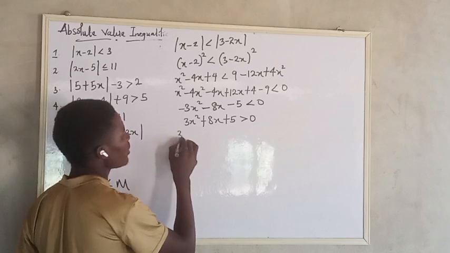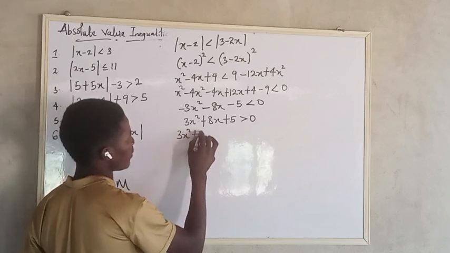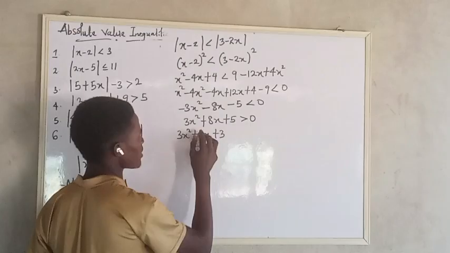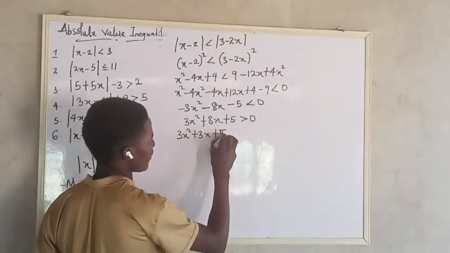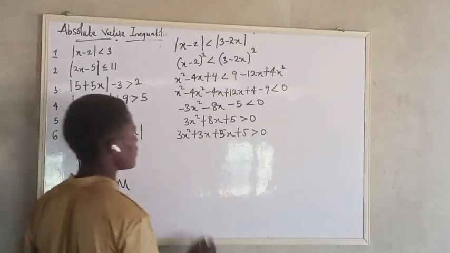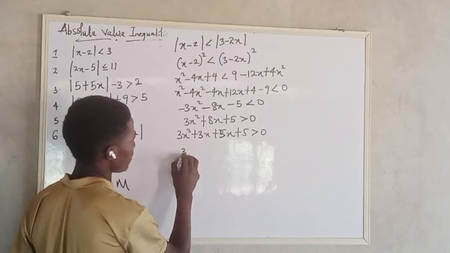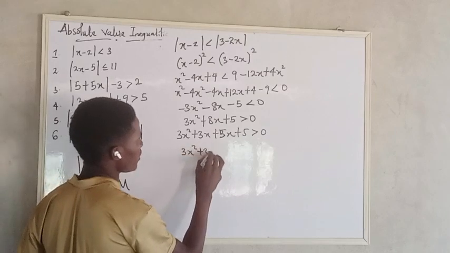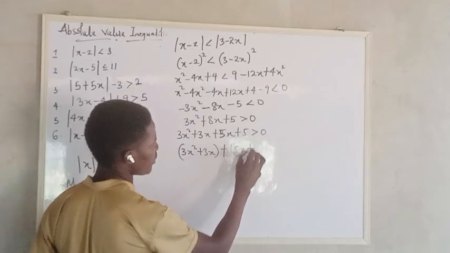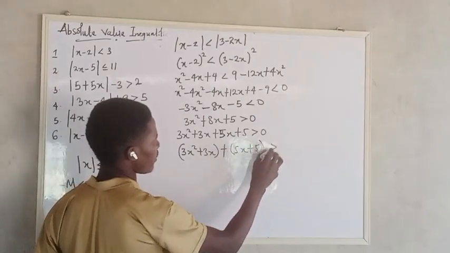So that will be 3x squared plus 5x plus 3x plus 5 greater than 0. So this will be 3x squared plus 3x plus 5x plus 5 greater than 0.